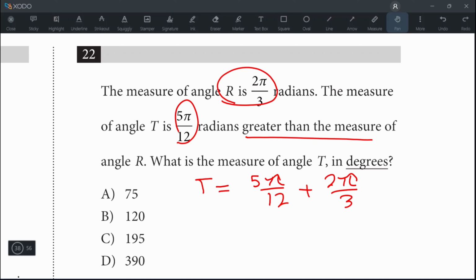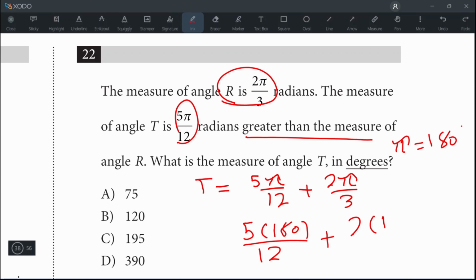So what we're going to do here, we will substitute the value of pi by 180, because pi is equal to 180 degrees, right? So we'll have 5 multiplied by 180 over 12 plus 2 multiplied by 180 over 3, and that's equal to t. You can solve that using a calculator. We will have 195 degrees.